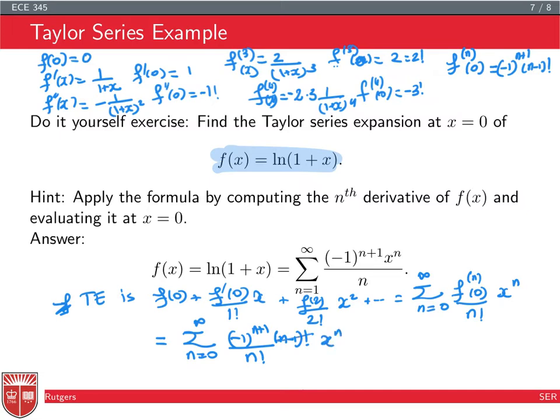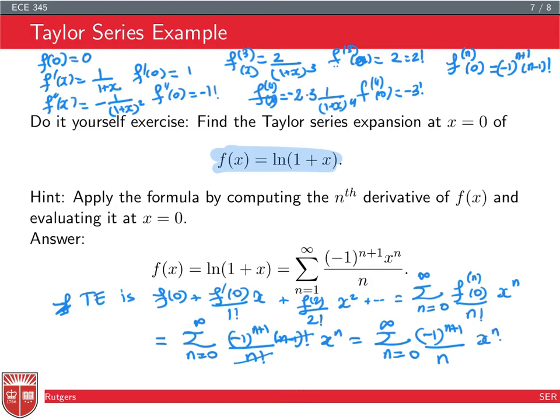And now you can simplify by these two terms, and you get the formula here, which is the sum from n equal to 0 to infinity of (-1)^(n+1) divided by n, x^n.